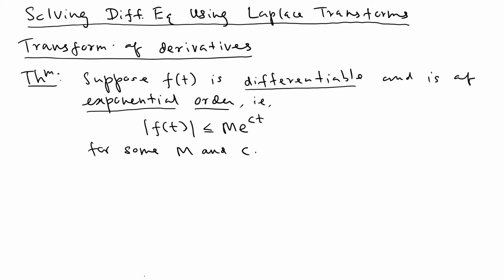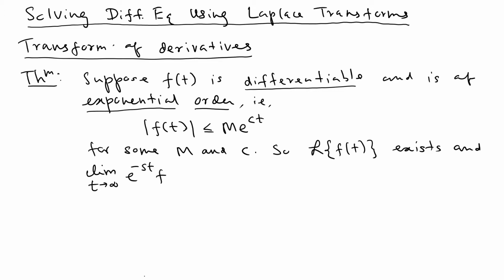Under these conditions, we know that the Laplace transform of the function f(t) exists, and we also have one interesting result: the limit as t goes to infinity of e^(-st) f(t) is 0. Because f is of exponential order, the exponential function is bigger than it, but this has a negative sign, so this is going to be 0.